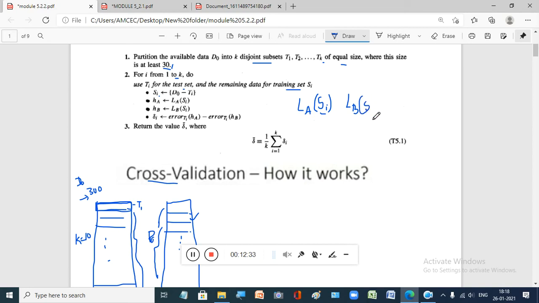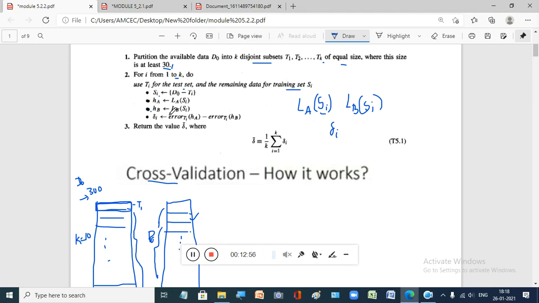Now you find delta i, which is nothing but a difference. The difference between the error on Ti for H1, where H1 is the hypothesis you got from your first learning algorithm A, minus the error on Ti for the second hypothesis. So now we have one testing data T1.